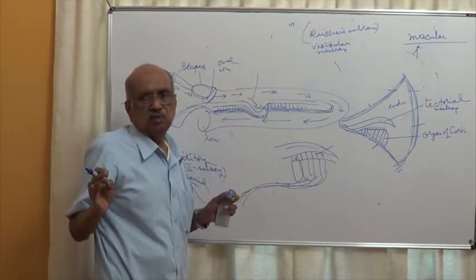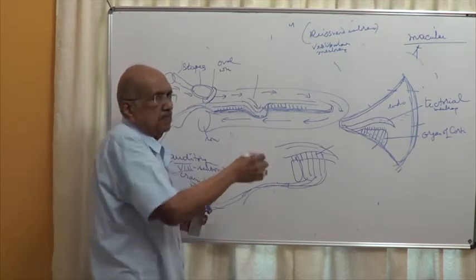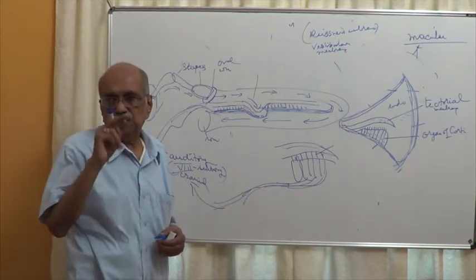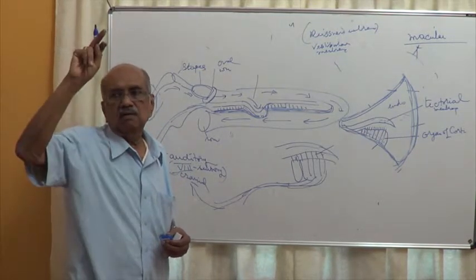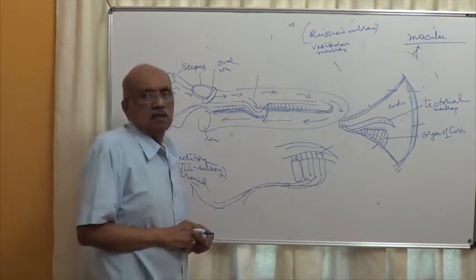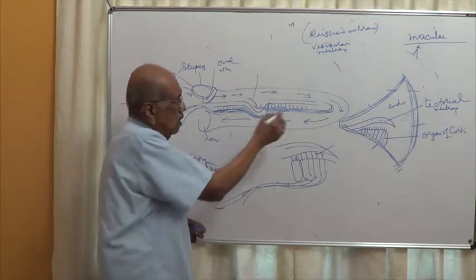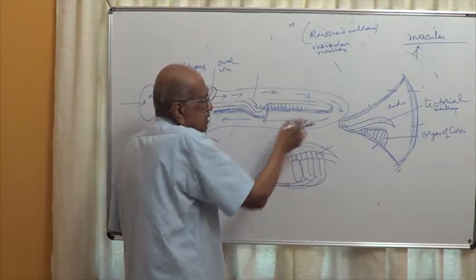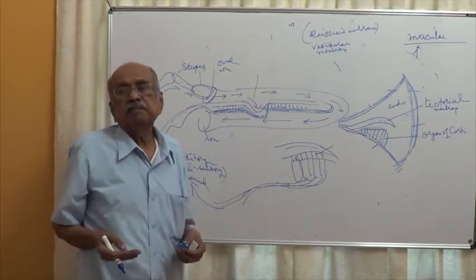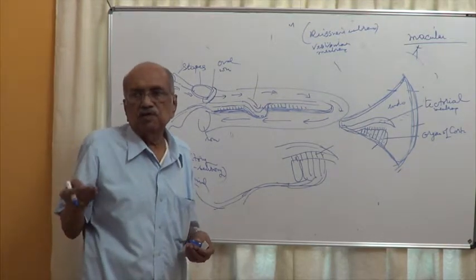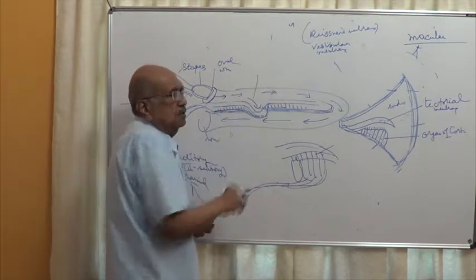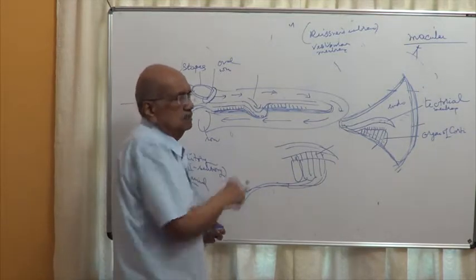It can't be compressed. No fluid can be compressed. So, the whole sound wave travels from one space, scala to scala, scala to scala, through the helicotrema end. And then during the passage of this fluid, which has created waves, something like the waves which you see in the sea water, you find the whole tube, what tube?